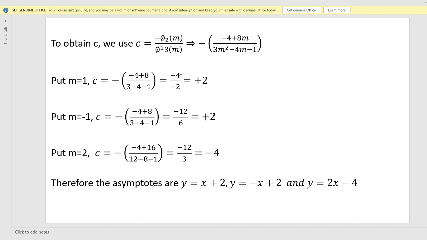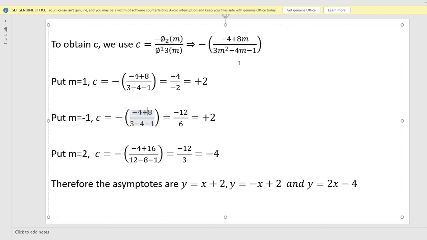What we have is 8 minus 4 is 4, again minus 4 divided by 3 minus 4 is minus 1, minus 2. So 2 2s are 4. M is equal to minus 1. What we have is minus of minus 4 again minus 8, since m is minus 1, therefore this is minus 8.